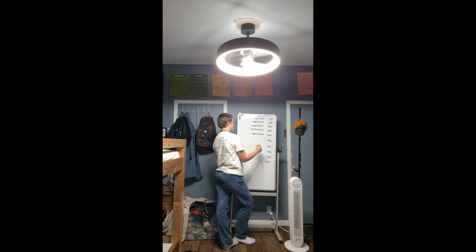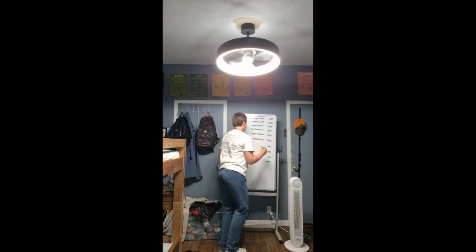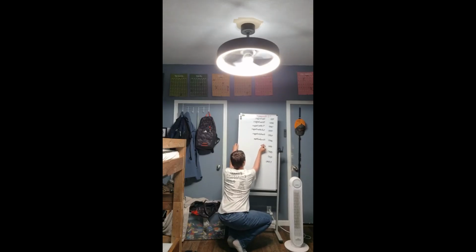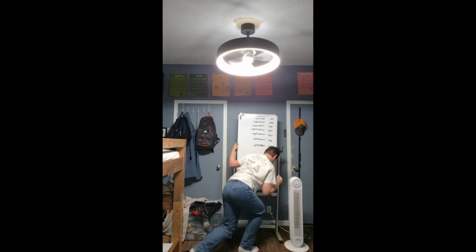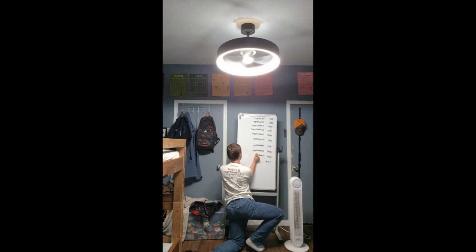Then 600 is hexahectagon. And then 700 is heptahectagon. 800 is octahectagon. 900 is enneahectagon. 1000 is kilogon.